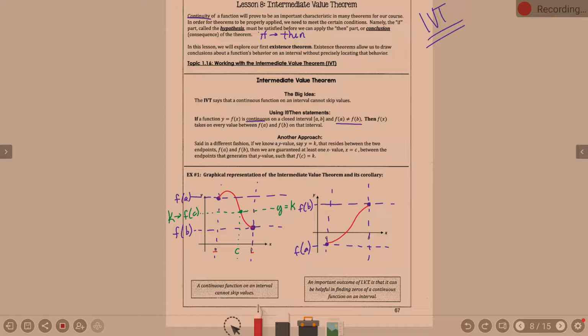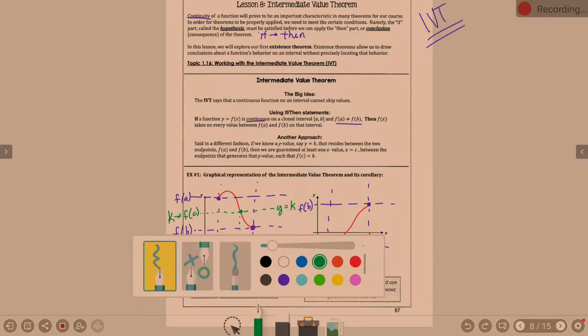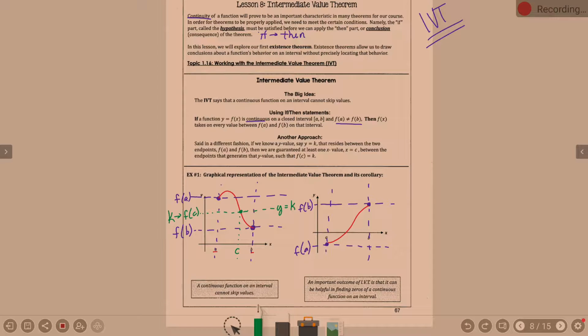But here, what I want to look at, and this goes back to this bottom statement here, is that if we call this one C, I picked that point on the x-axis on purpose, so that point is C, comma 0. What's the vocabulary word for an x-intercept?